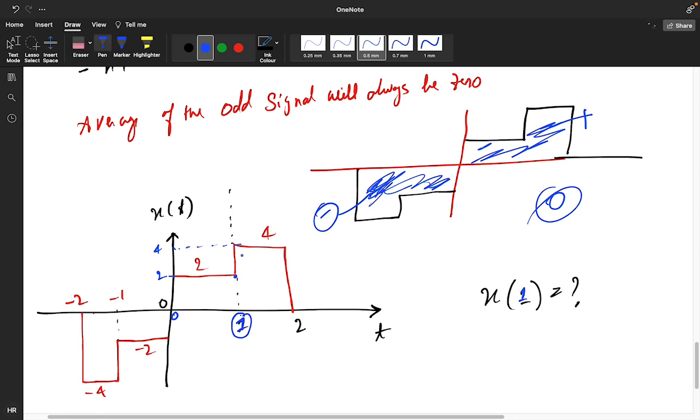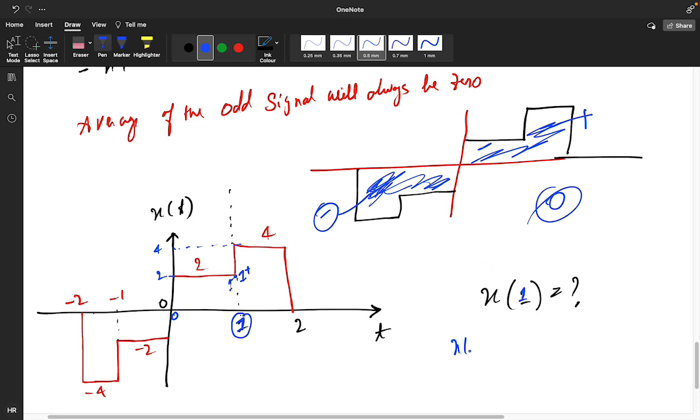Here the concept of plus and minus will come. At 1 it is going to 4, meaning at 1 plus, and before 1, at 1 minus, it is at 2.